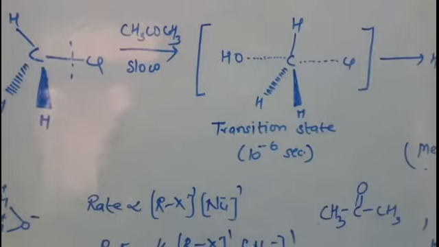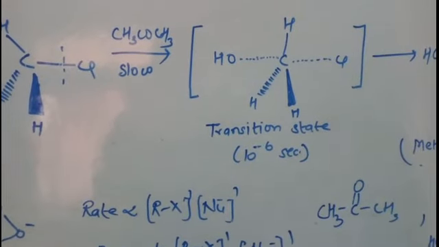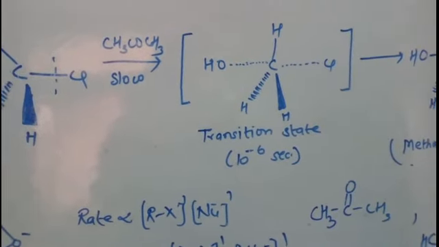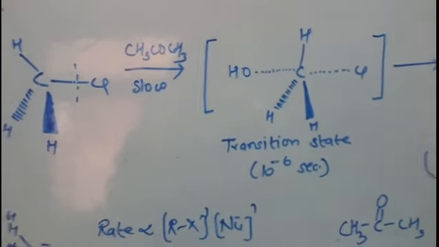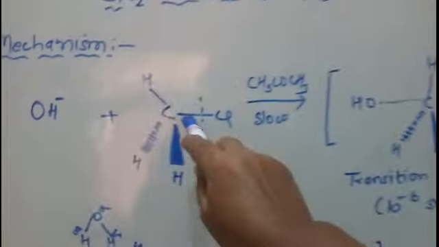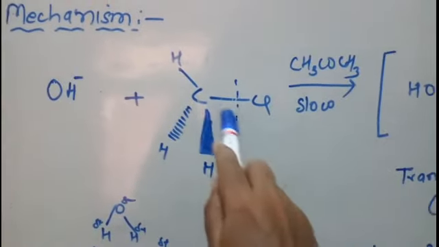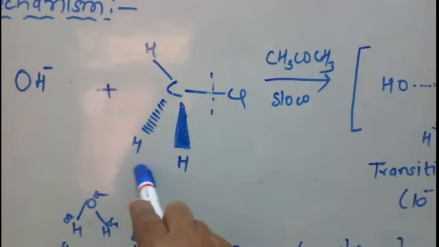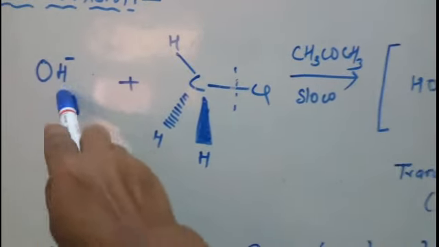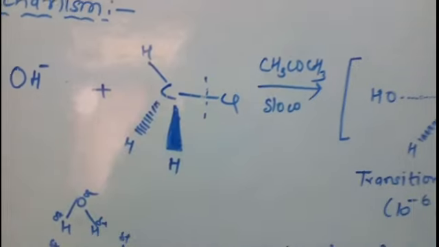Now since in the reaction the nucleophile approaches the carbon where the halogen is already attached, if bulky groups are attached, they will hinder the attack of the nucleophile on the carbon.